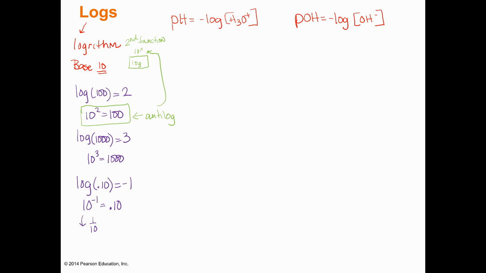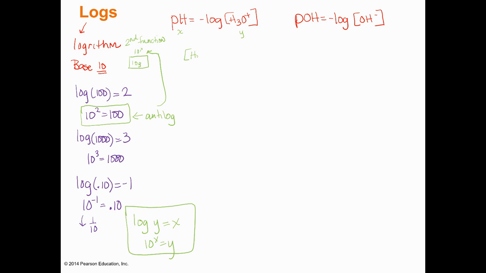Now, following that line of thought, let's come back up to our pH and pOH values. In general terms, the log of y equals x because 10 to the x equals y. Applying that here, I'm going to call pH x and hydronium y.